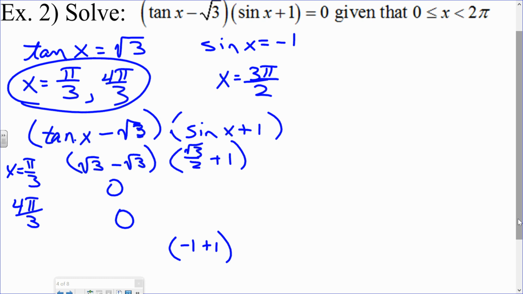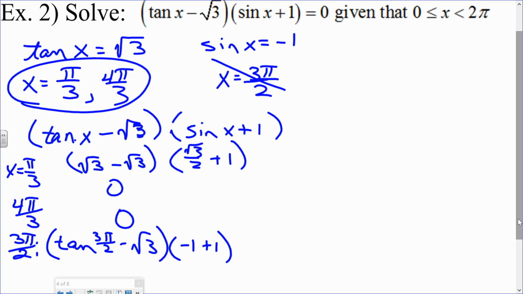But if we try to put tangent of 3 pi over 2 minus root 3, what's tangent of 3 pi over 2? Undefined. So if it's undefined, can you subtract your root 3 from an undefined? And can you multiply an undefined by something? So that one is not going to work, so we have to get rid of that one.